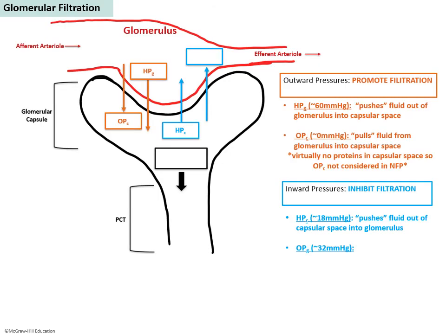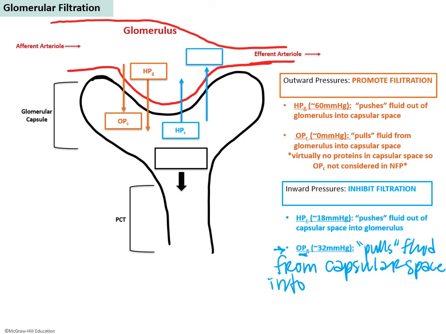So let's fill this guy out on our diagram. It's the last pressure down here. It's inward, so it's going to be blue. So this guy, the colloid osmotic pressure of the glomerular capillaries, is OPG. So this is going to pull fluid from the capsular space into the glomerulus.